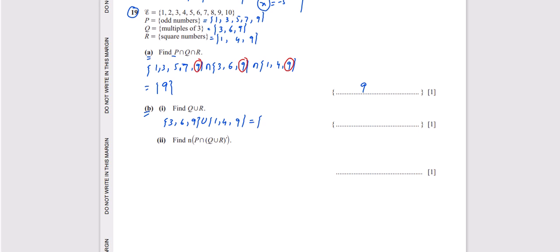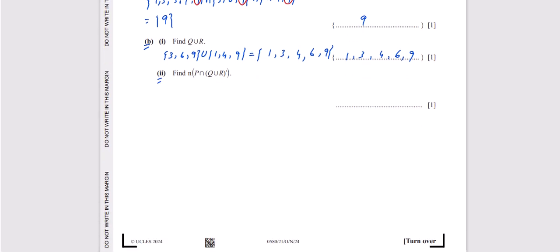Union means merge all the numbers in a set in ascending order. First of all, the smallest number is 1 and the second smallest number is 3, then 4, then 6 and 9. We must write 9 one time, not two times. The final answer is 1, 3, 4, 6 and 9.